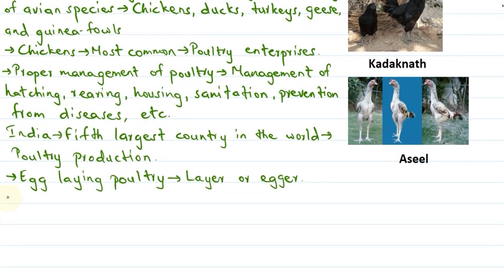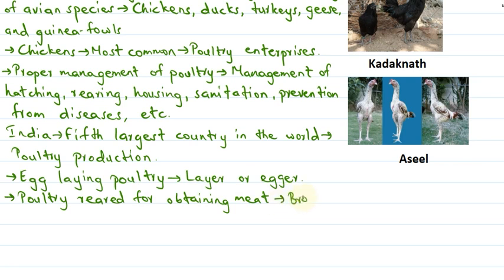Then the poultry that is reared for obtaining meat, what do we call this type of poultry? It is called broiler, the broiler chicken.